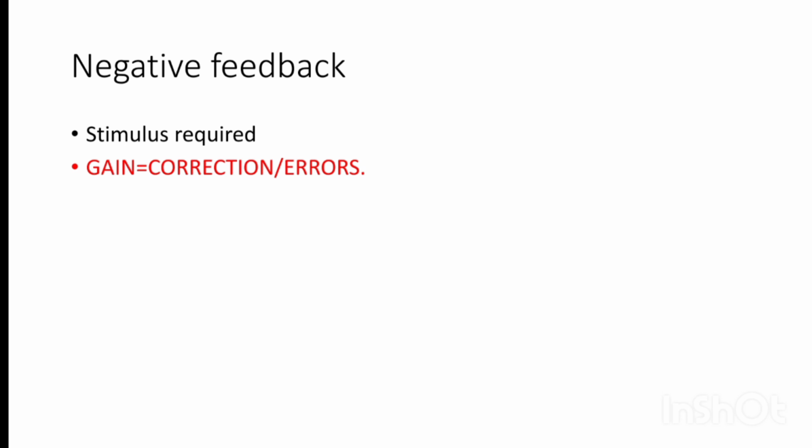So there is an important aspect we need to learn for NEET or next exam, which is called gain. What is gain? First of all, you need to understand it's a part of negative feedback. It suggests the correction upon errors. So more the correction, more the gain, and more the error, less the gain. Let's take an example.